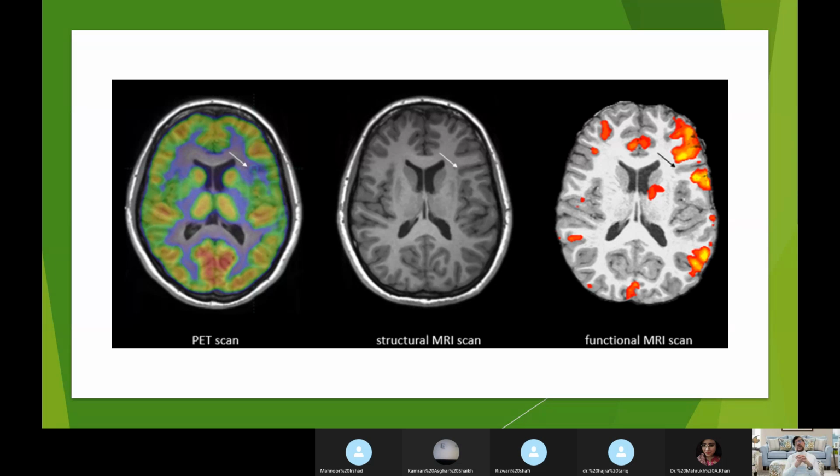So if my patient is not responding to the typical or atypical antipsychotics I am prescribing for the treatment of schizophrenia, I should go for a functional MRI or PET scan, and I'll be able to see why my drug is not helping him, because this area of his brain is involved, where these atypical antipsychotics probably won't help.